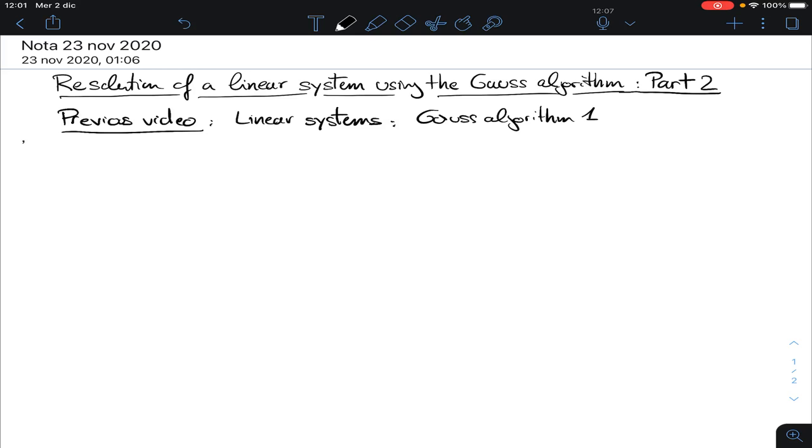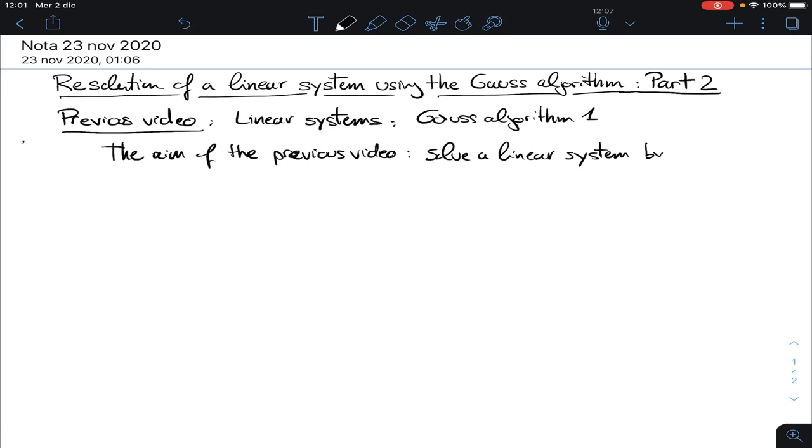The aim of that video was to solve a linear system by transforming it into an upper triangular one.